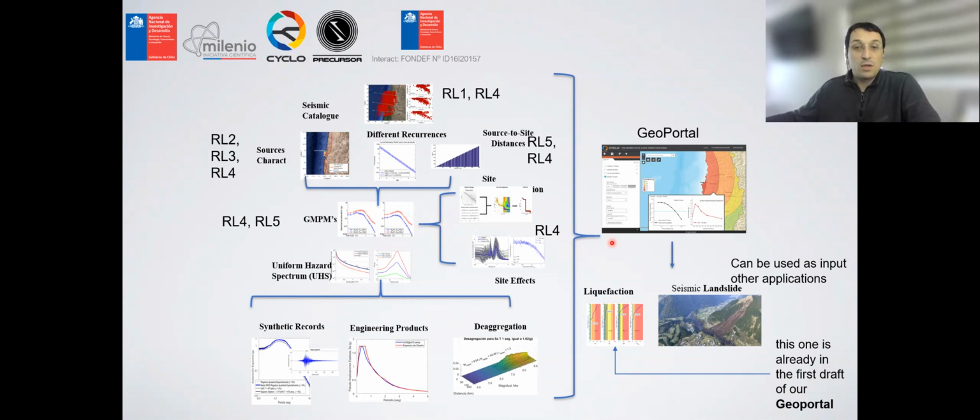Despite that, this information could also be used for other hazards such as landslides or liquefaction hazard modeling. The latter is already on the first draft of our geoportal, which should be up very soon for you to explore these preliminary results.